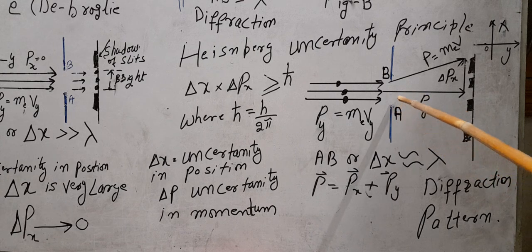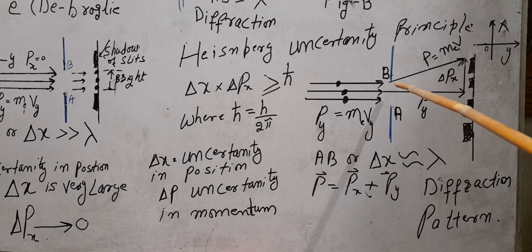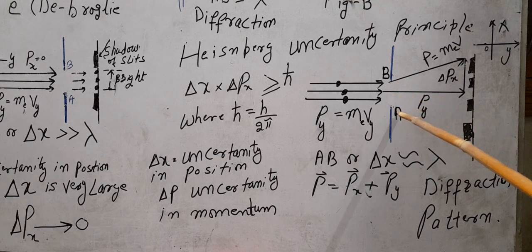It means when we try to reduce the uncertainty in the position of the electron, the uncertainty in the momentum of the electron increases. We have already seen that this uncertainty in the momentum of the electron was zero in the first case, but now it has increased.